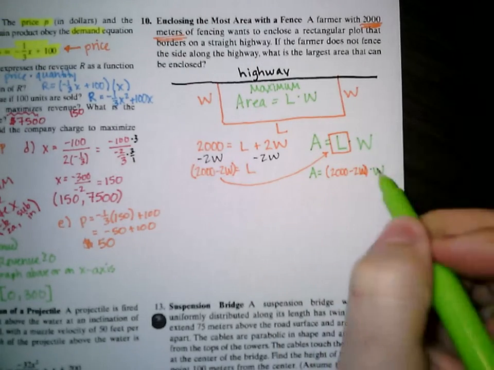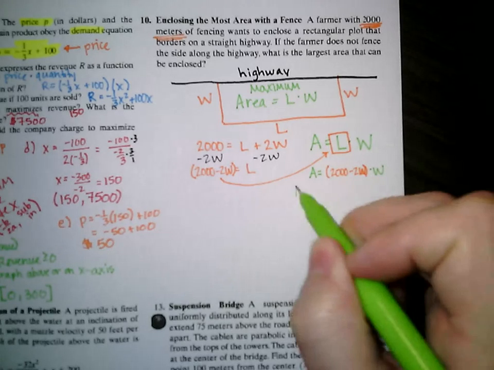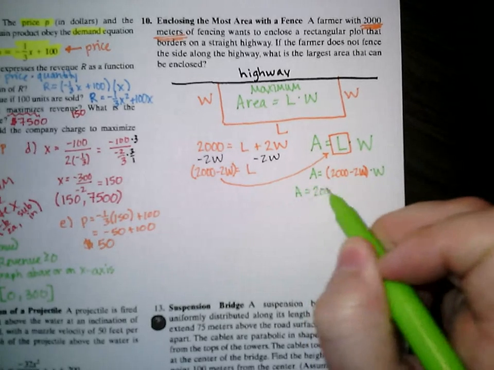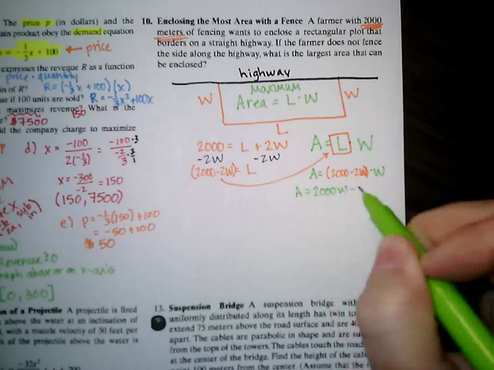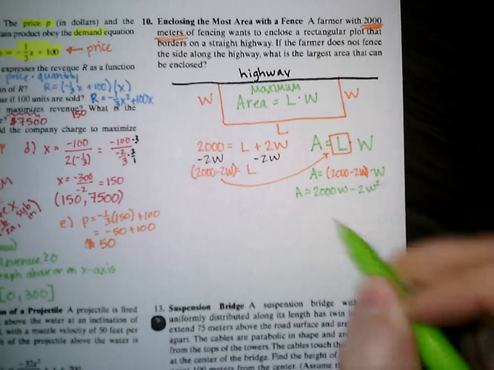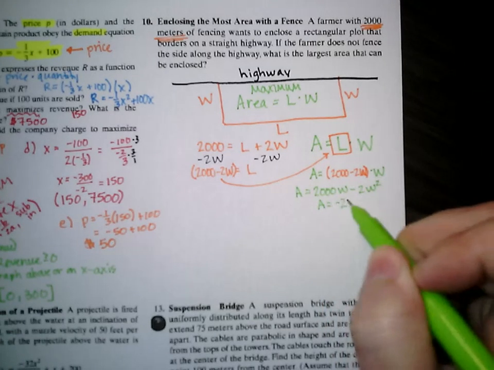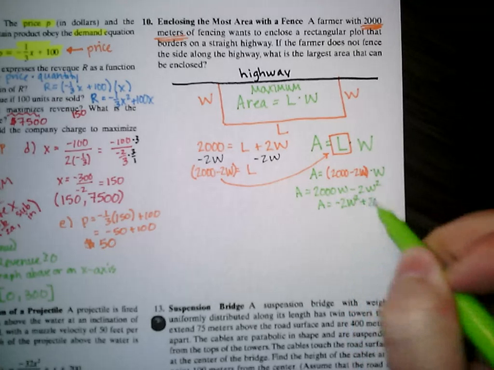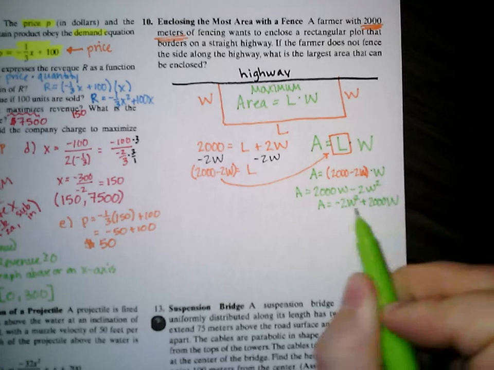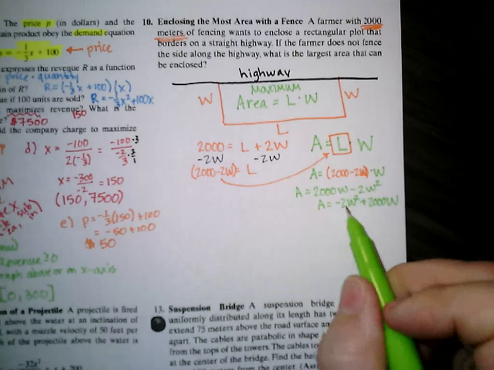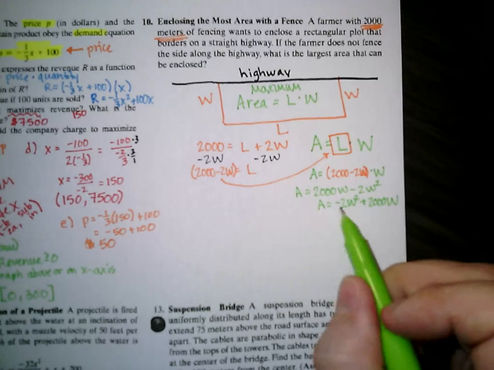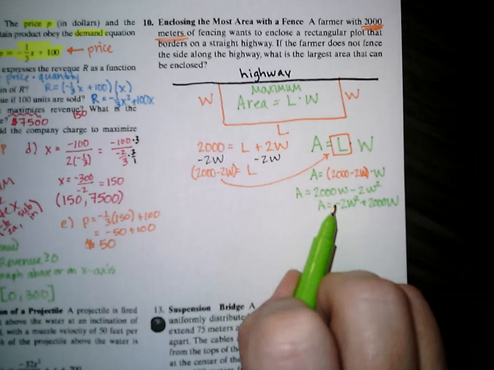2000 minus 2W. If I distribute that W, then I get A equals 2000W minus 2W squared, or negative 2W squared plus 2000W. There's my parabola, right? This is an upside down parabola because of the negative out in front here.